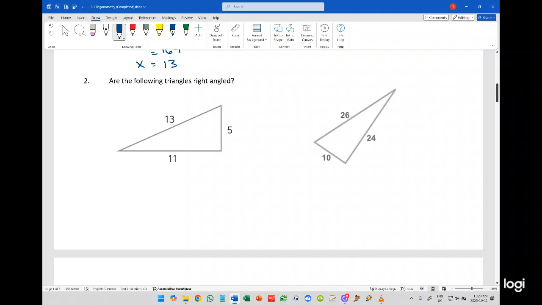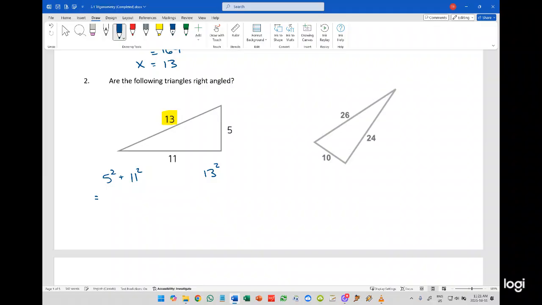So in this first one, I'm going to start by noting that if this is a right-angled triangle, I don't know that it is, but if it is, this had better be the hypotenuse, 13, because the hypotenuse is always going to be the longest side. So I'm going to separately find the sum of the squares of the two other sides, and the square of that longest side.